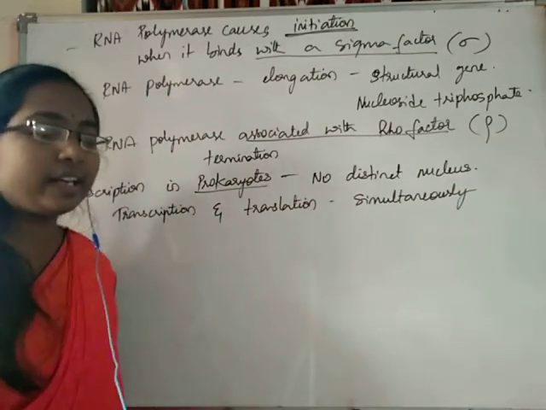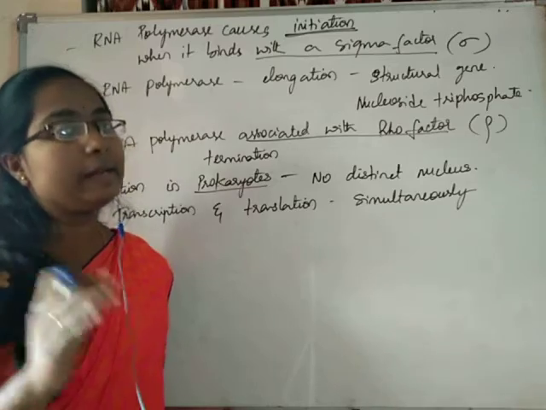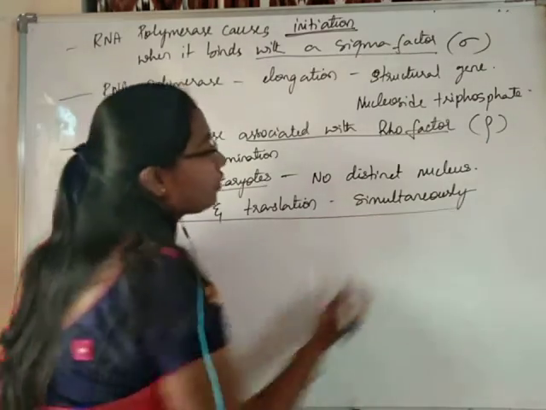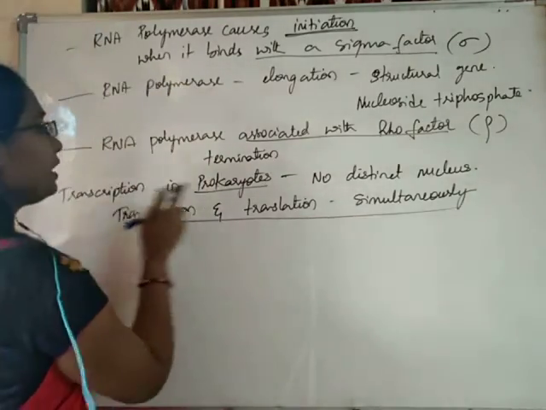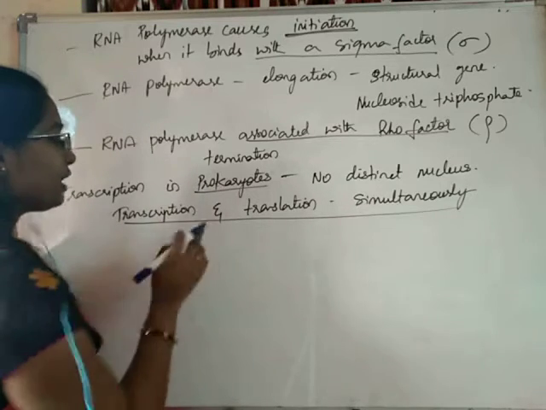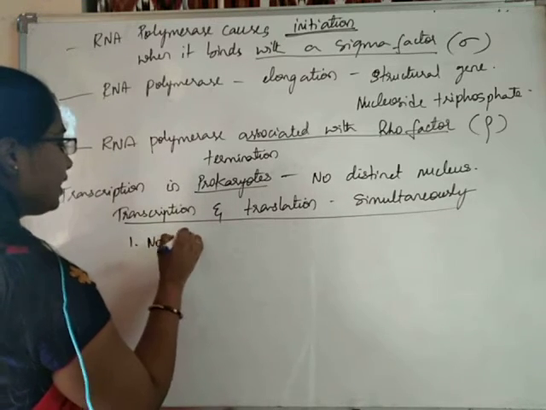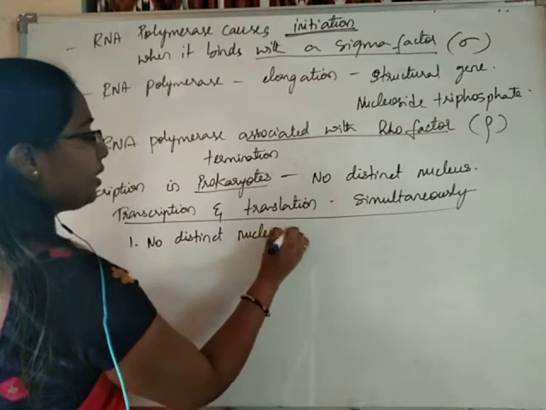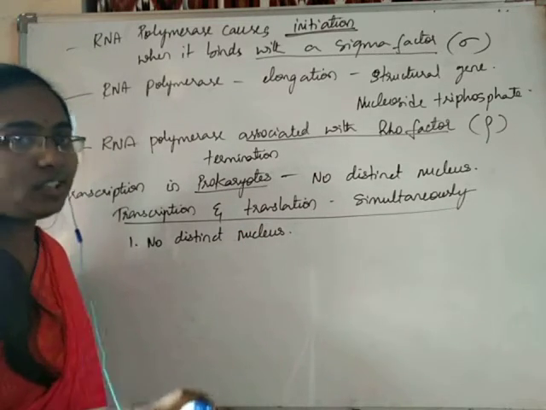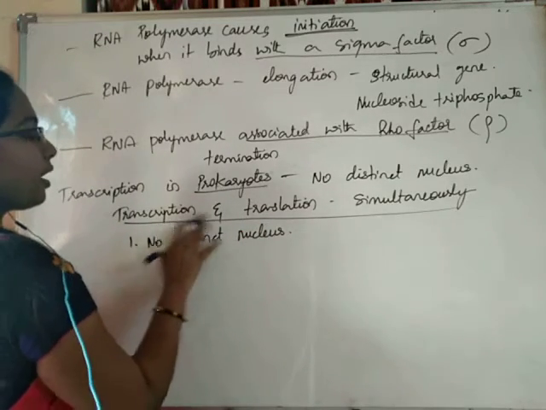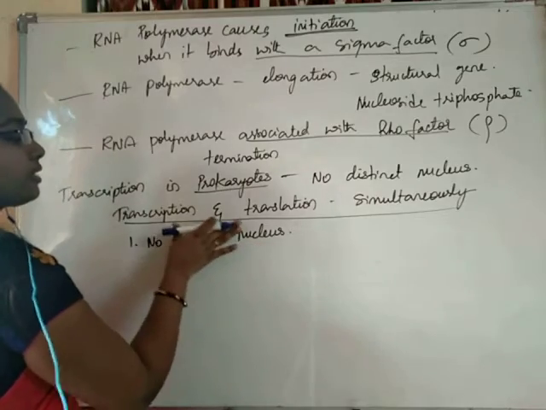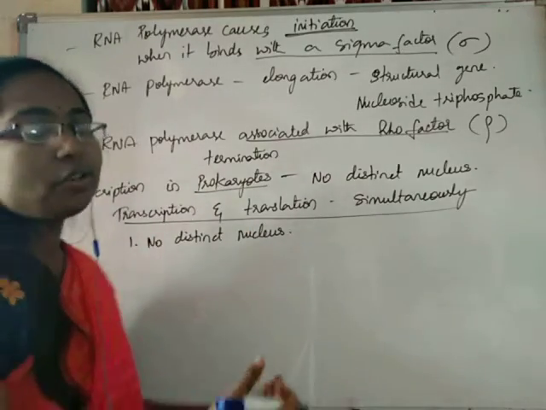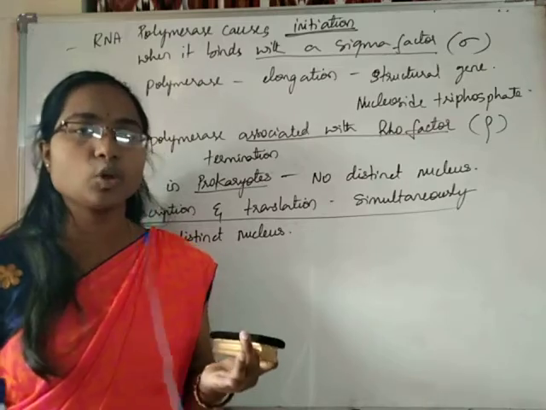Even before the RNA is completely transcribed, translation will occur. There are two reasons for transcription and translation to occur simultaneously in prokaryotes. The first reason is that no distinct nucleus is present. Transcription and translation are occurring at the same time because there is nothing to separate the nucleus from the ribosomes.